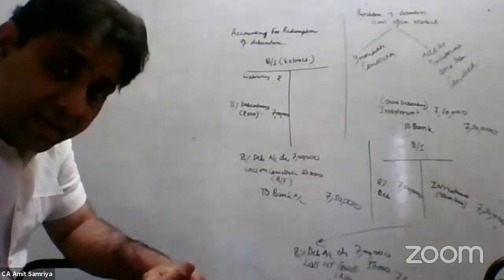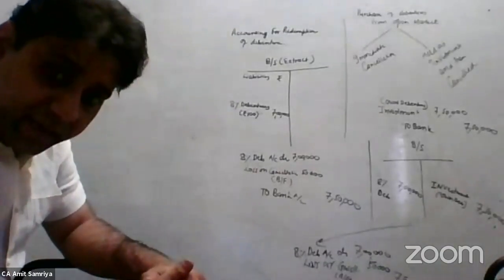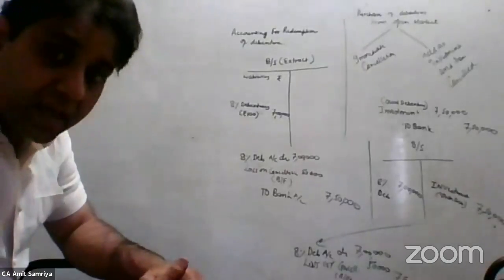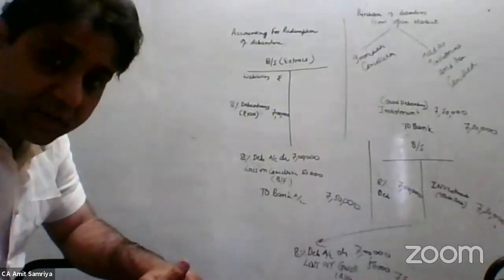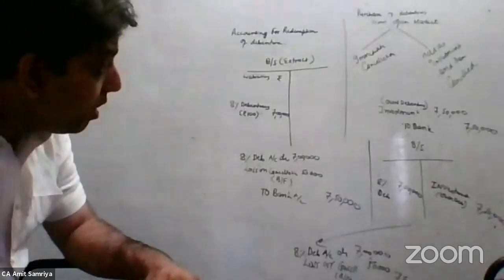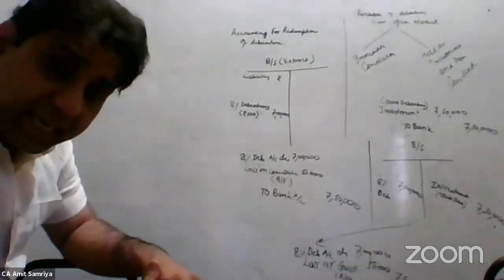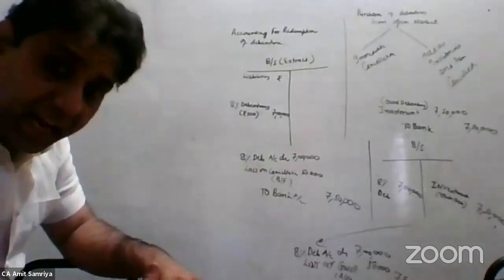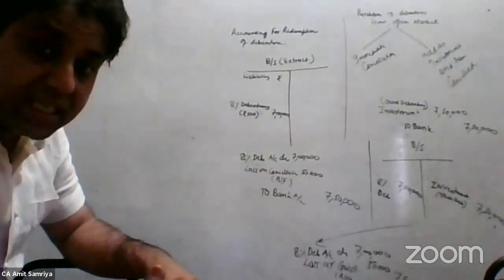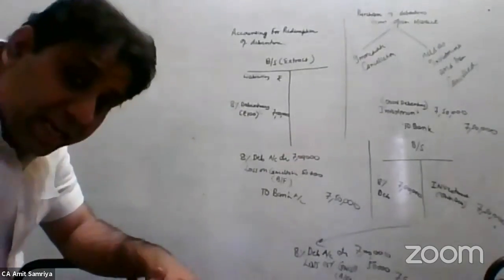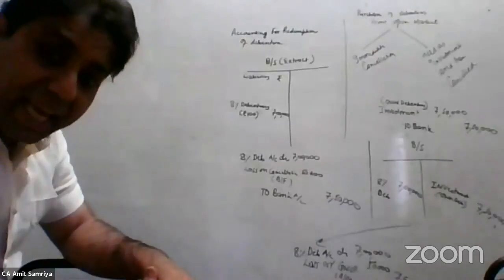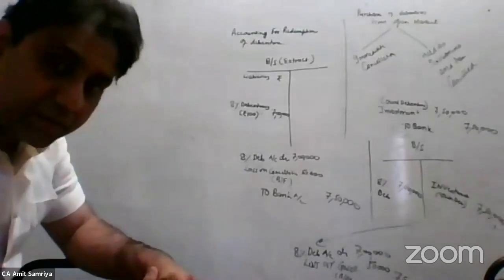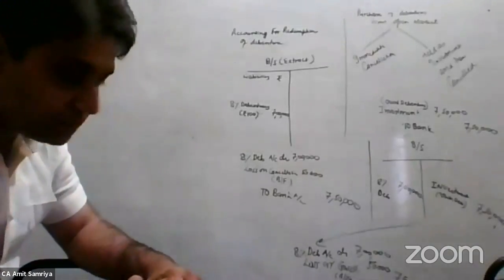If immediately cancelled, the liability account is immediately debited and the bank account is credited. The difference, profit or loss on cancellation, is credited or debited and adjusted with capital reserve. But if it is held as investment, first the entry is passed, investment account debit to bank by the cost of that investment, and then after some time, the investment account is credited and the liability is debited. Liability debited means liability cancelled. Liability is cancelled with investment. The difference is profit or loss on cancellation and adjusted with capital reserve.